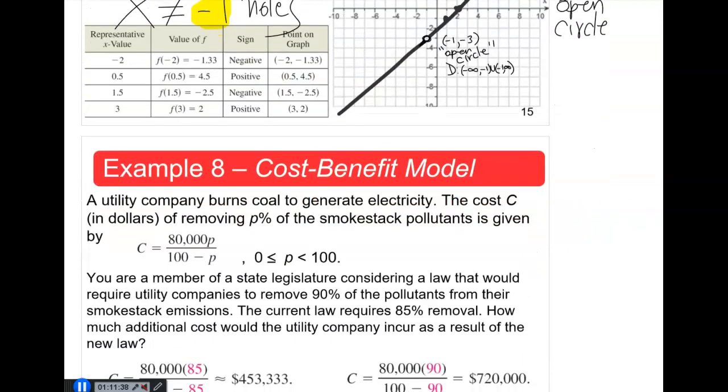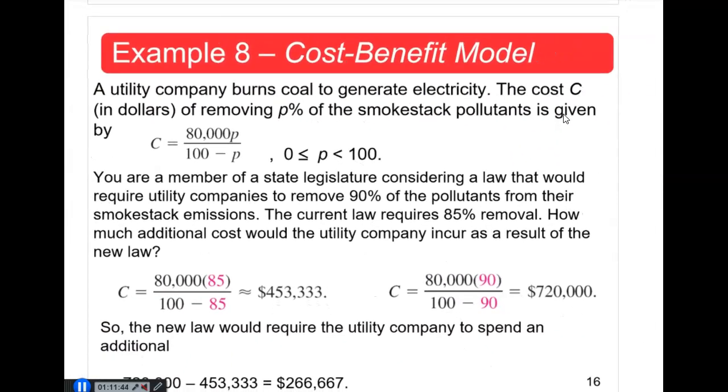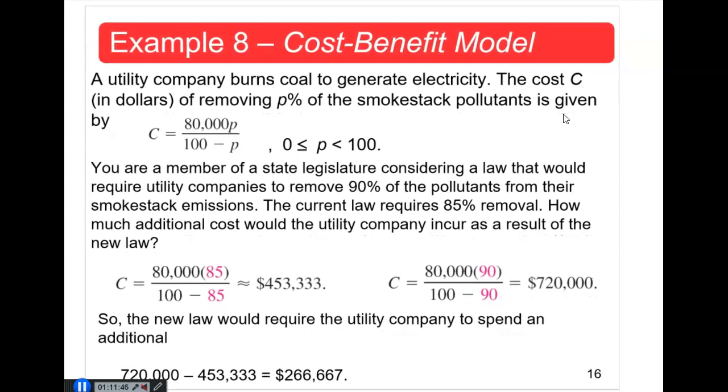Now let's just do this last problem. It is an application. We do have the answer there. So we have example 8, the cost benefit model. It says a utility company burns coal to generate electricity.